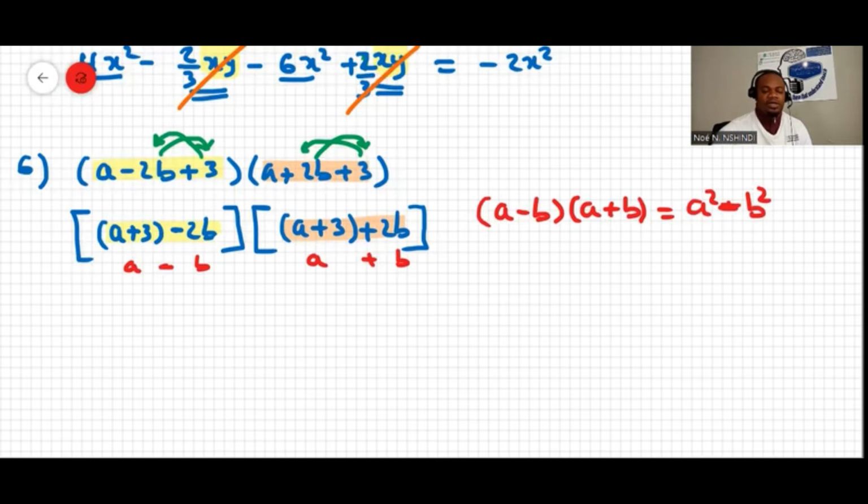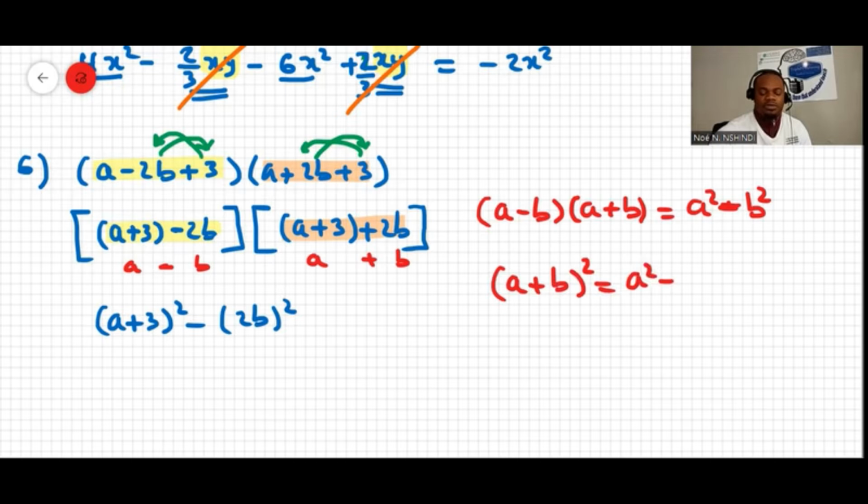So over here, we can see a plus 3 squared minus 2b squared. And a plus 3 squared, according to our formula, when we said a plus b to the power of 2, is equal to a squared plus 2ab plus b squared.